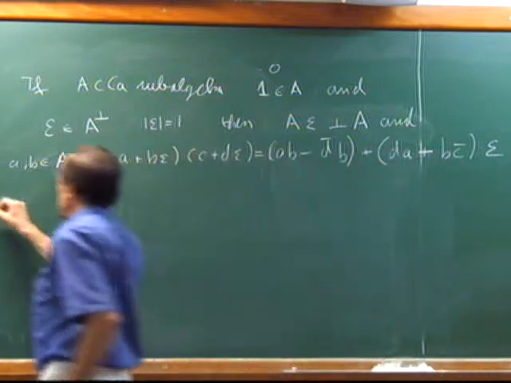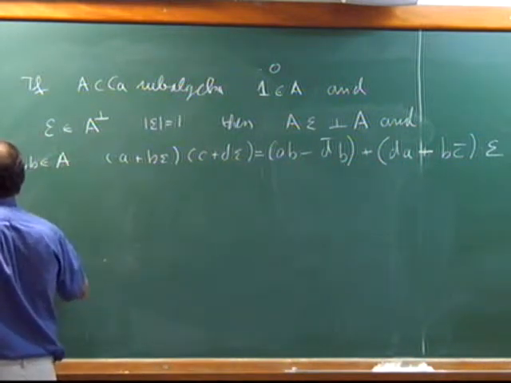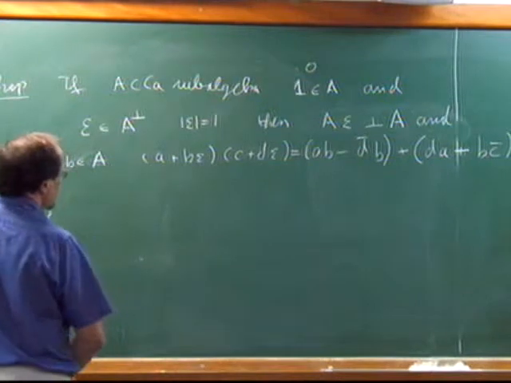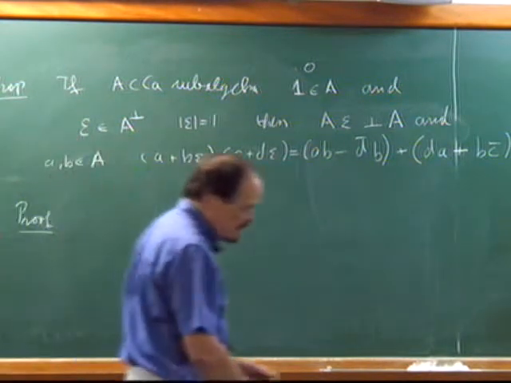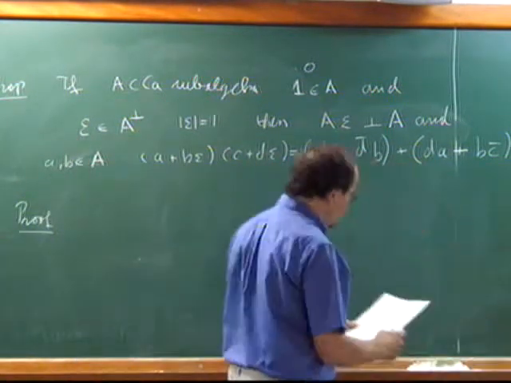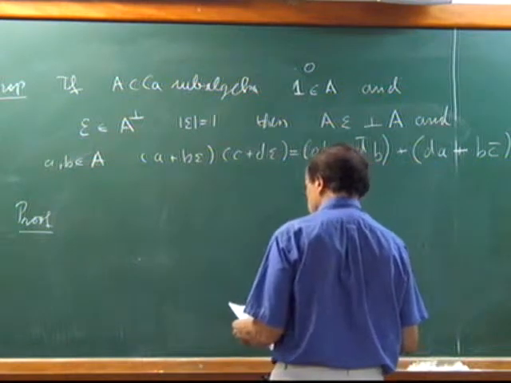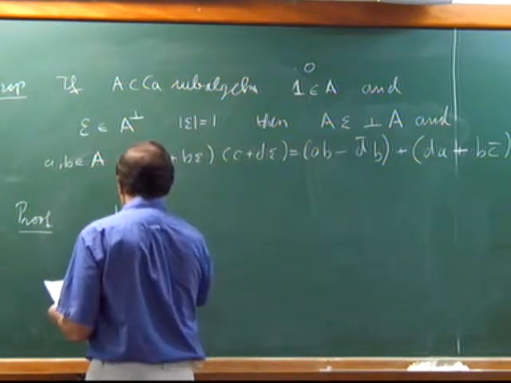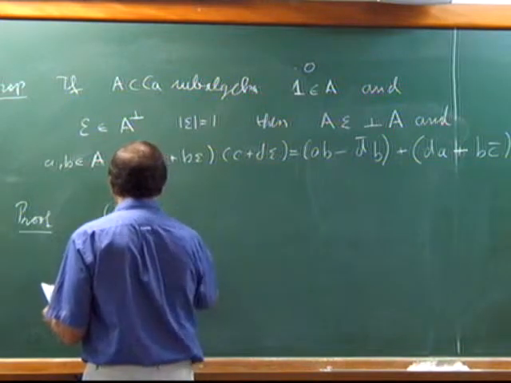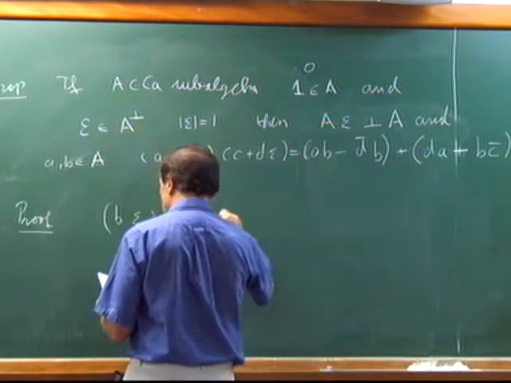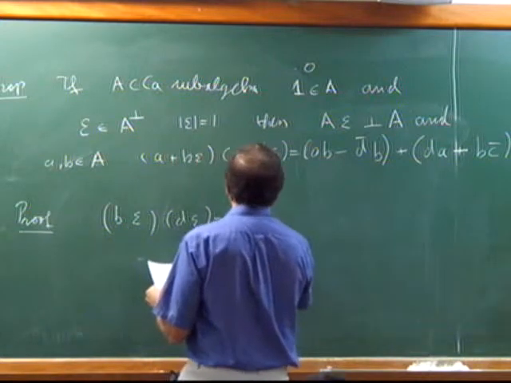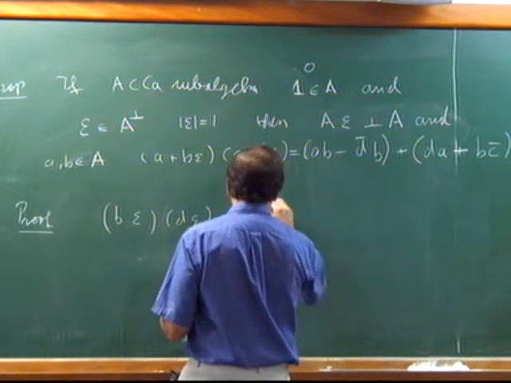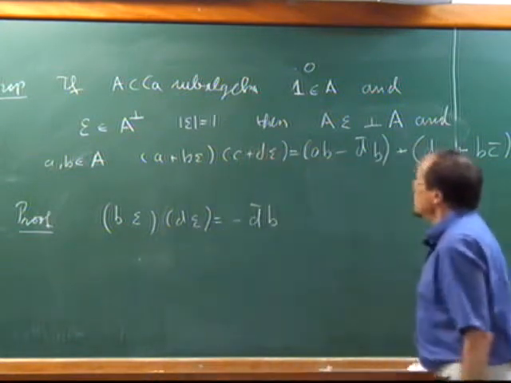So let's maybe just indicate what kind of things I have to prove. Maybe I'll do one or two. For example, I have to show that b epsilon times d epsilon is equal to minus d bar b. Right.